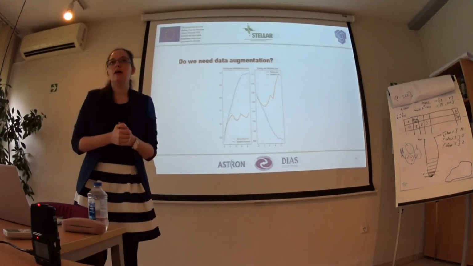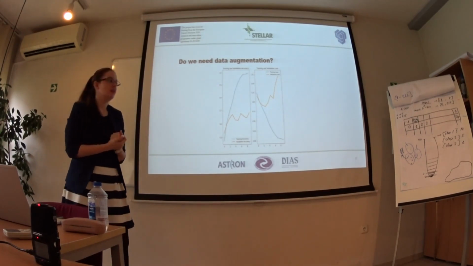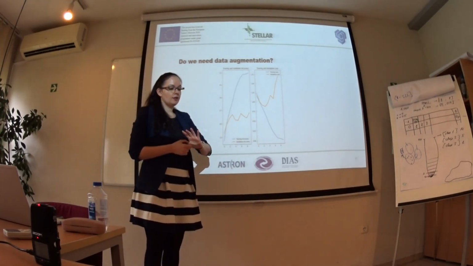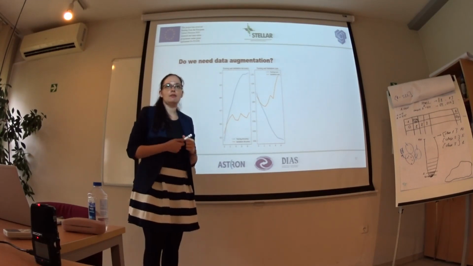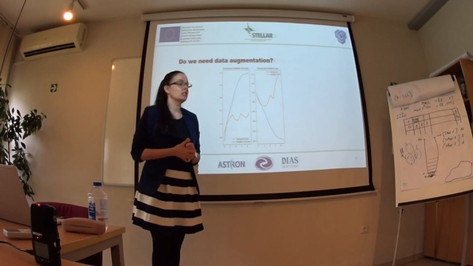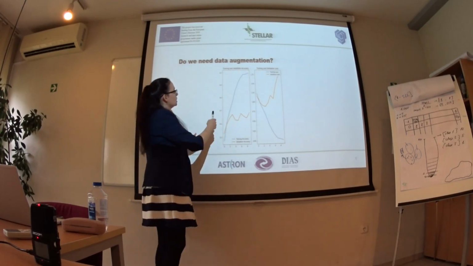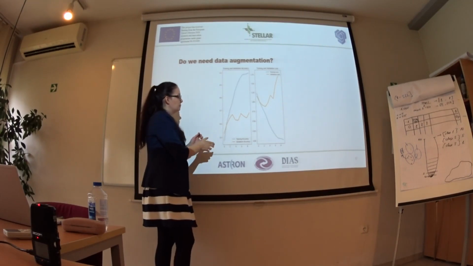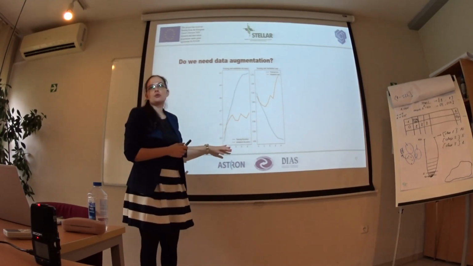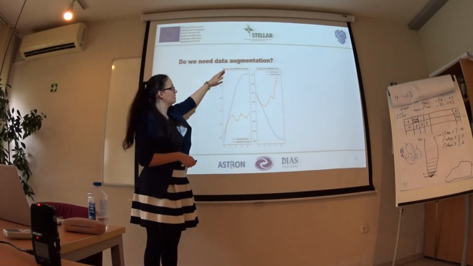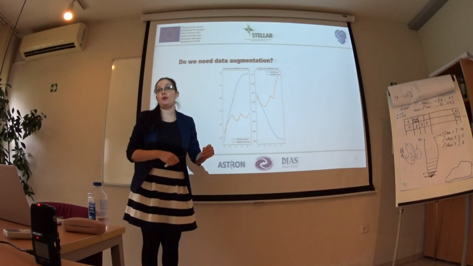And why do we need data augmentation? Of course, after the training process and after that on the exam, you will receive some results. And those results will be represented as accuracy. Zero accuracy means fail. 100% accuracy means also fail.